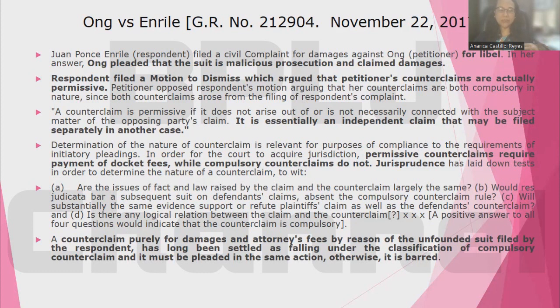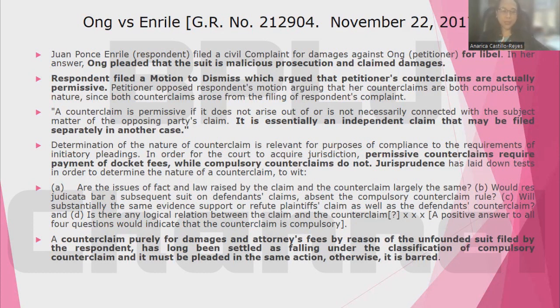There are tests which were laid down to determine whether or not a counterclaim is compulsory or permissive. The following questions should be asked. Are the issues of fact and law raised by the claim and the counterclaim largely the same? Would res judicata bar a subsequent suit on defendant's claims absent the compulsory counterclaim rule?